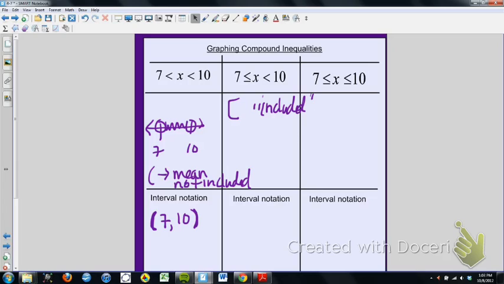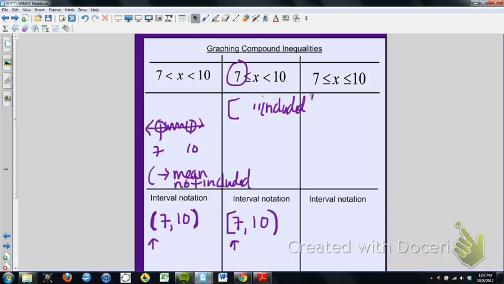Okay, so for the second compound inequality, I'm including 7, but I'm not including 10. So I want to use a square bracket at the 7. So the lower endpoint is included, so I use a square bracket as opposed to the first one, which was a rounded bracket. So over here I use a square bracket for 7, and then 10, and I want to use a rounded bracket around 10 because 10 is not included.